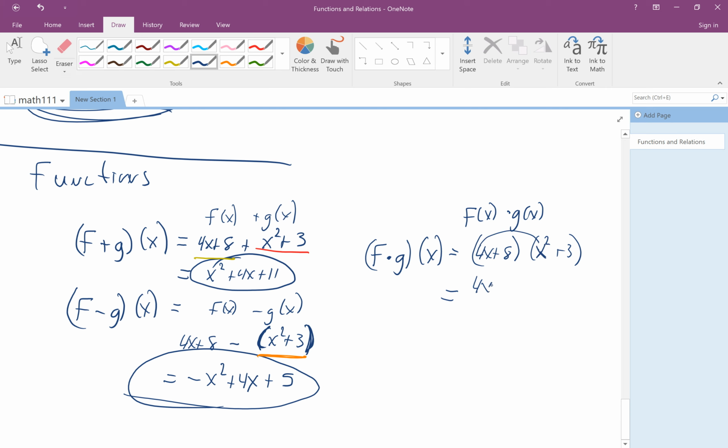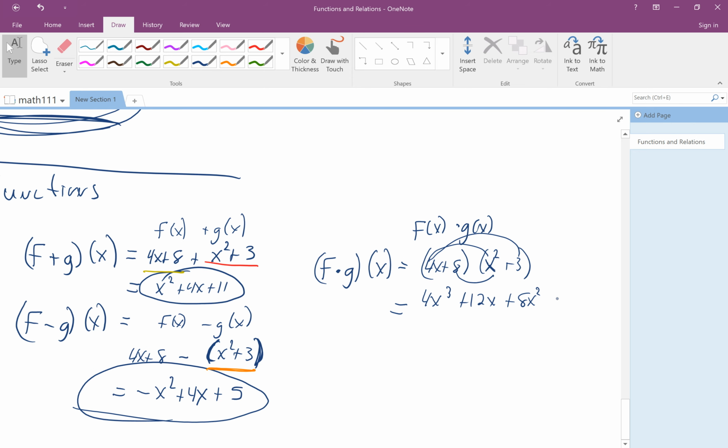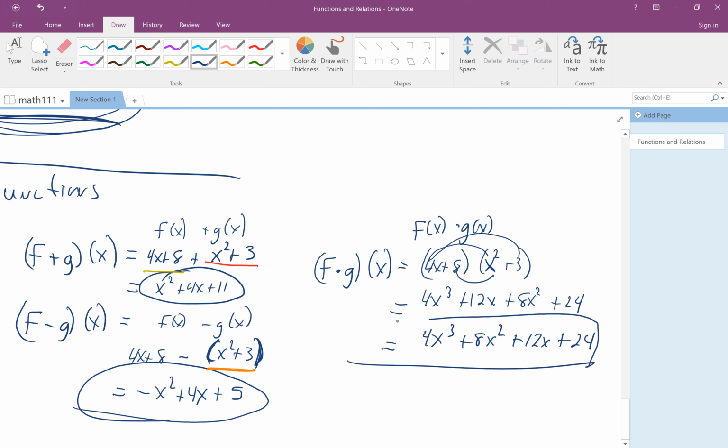There's 4x cubed plus 12x plus 8x squared plus 24. All right? And then if you look in the back of the book, they'd probably do this. So it's written in decreasing order. Okay? All right. Add, subtract, and multiply them. That's all they're going to ask you to do.